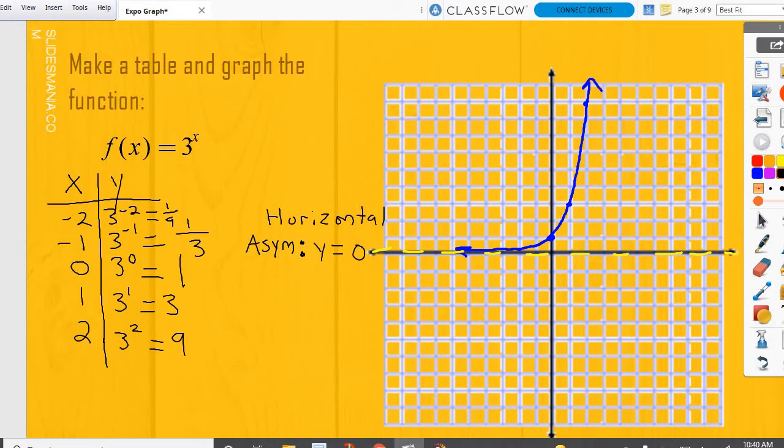Are we all okay with that? Now, what would the domain of that graph be? All real numbers. So negative infinity to positive infinity. What about our range?